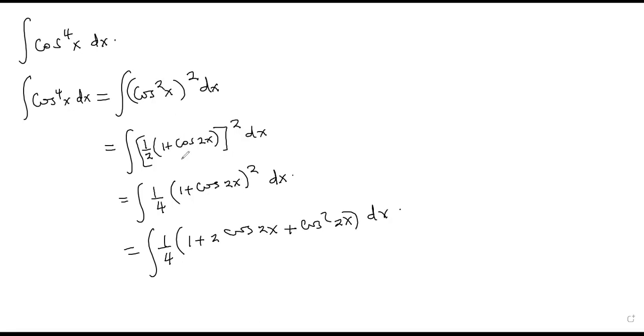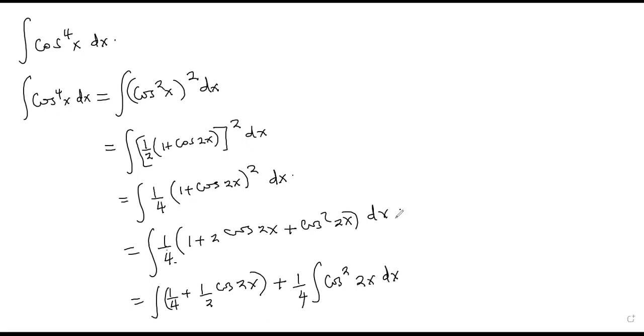You can really see that this is the same as the integral of a quarter, plus when you multiply a quarter, it is going to be a half cos 2x, of course, plus now this one is another double angle. So we shall say plus a quarter, remember this quarter is multiplying everything, so plus a quarter, the integral of cos squared 2x dx.